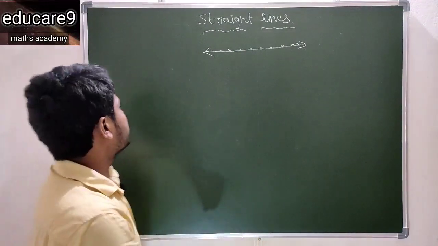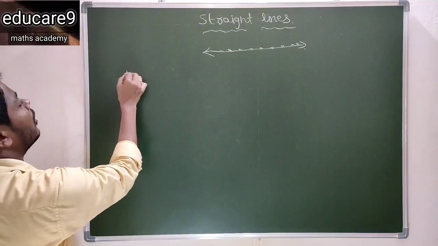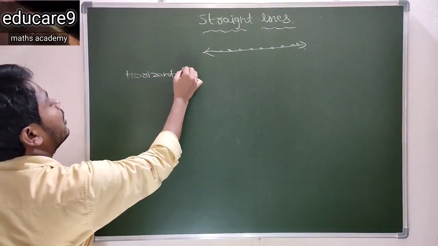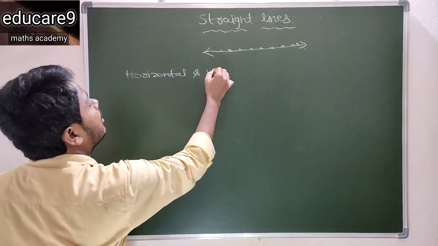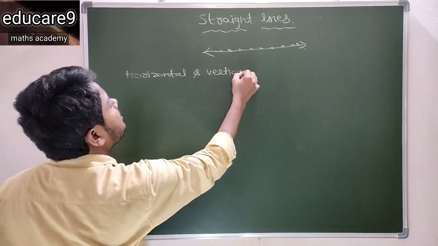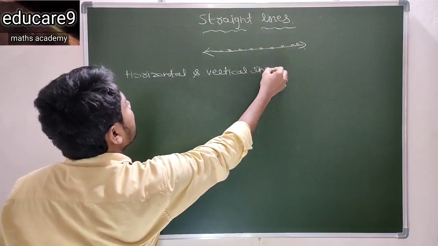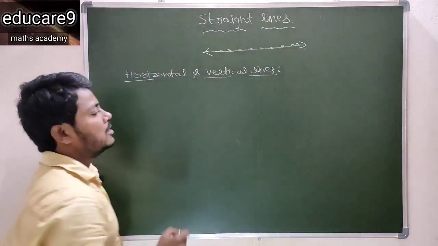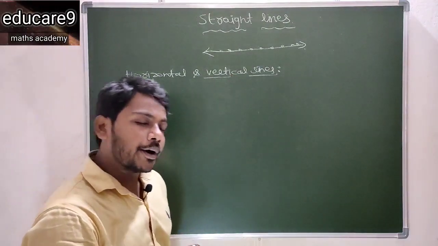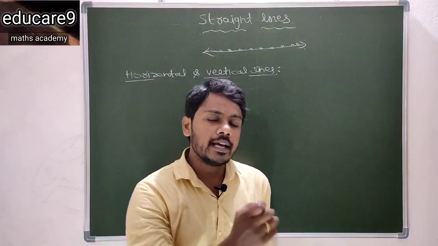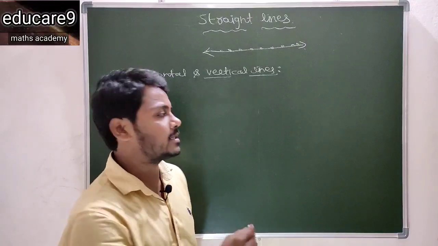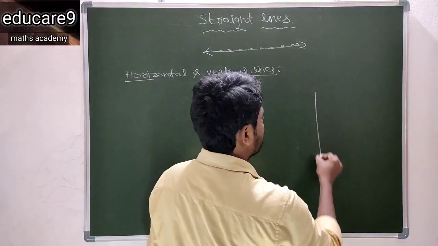Next, the definition of horizontal and vertical lines. See here, consider the coordinate axes. Coordinate axes means both the x and y axes.